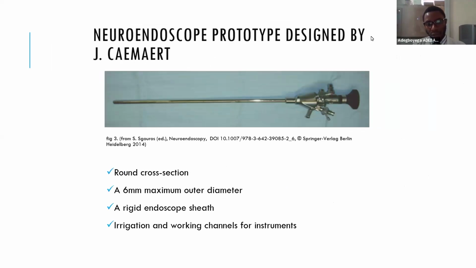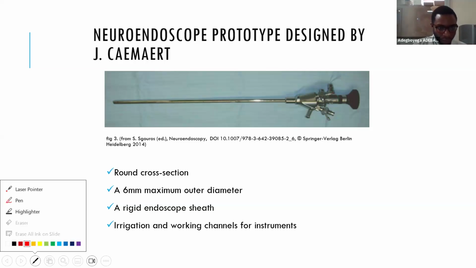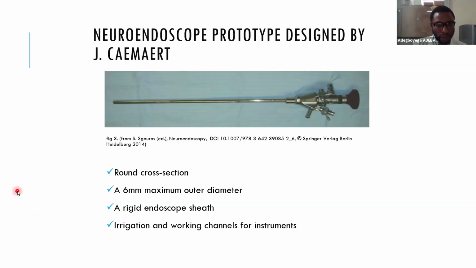It has a round cross-section and a 6 millimeter maximum outer diameter. The endoscope features an eyepiece indicated here, and also has working channels as shown.